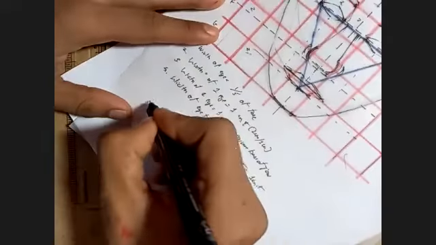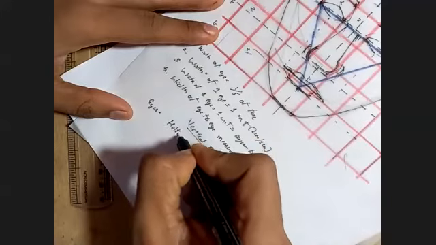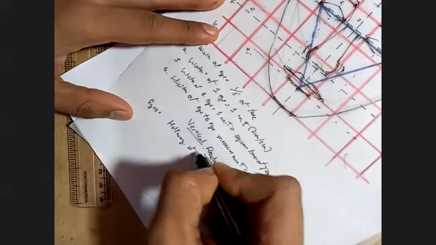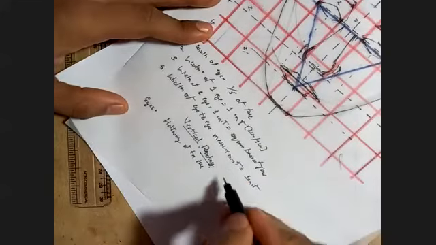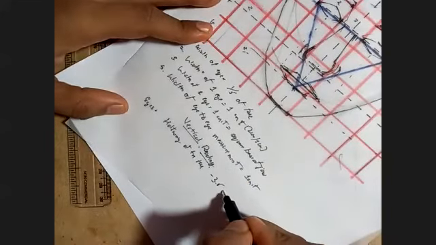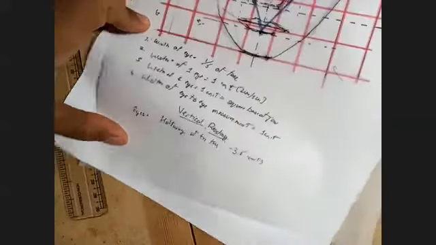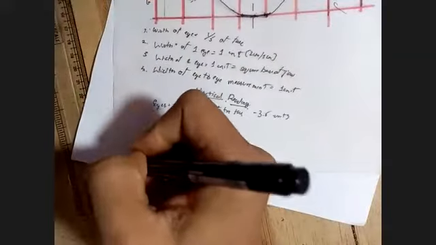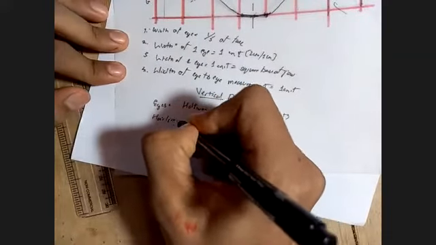So the position of the eyes is at halfway of the face. 3.5 units. Next, your hairline. 1 unit below the head.